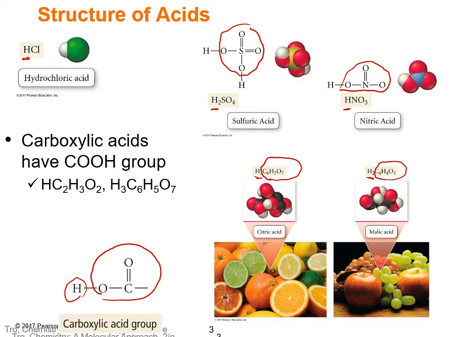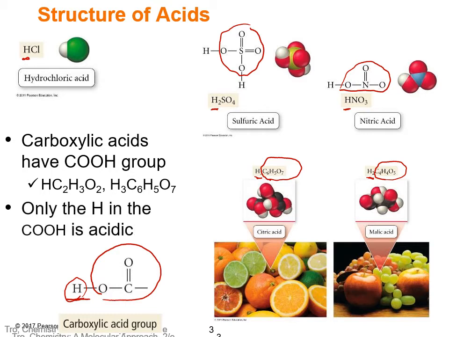So when we see this COOH, that is what we refer to as a carboxylic acid group, and this does make it an acid when we see this group. Only the H in the carboxylic acid group is acidic.